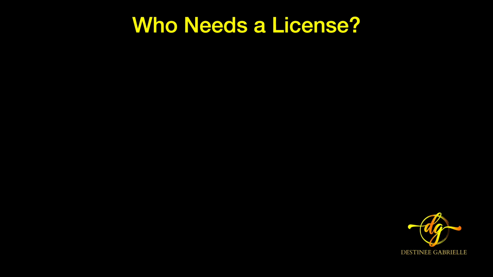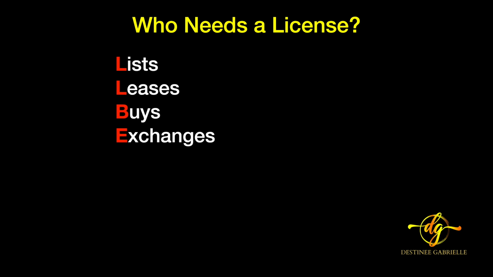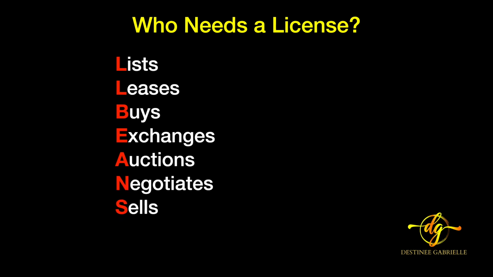Speaking of licensees, we need to talk about who needs a license. So this one is going to spell out LL Beans. So the first L being lists, the second L being leases, the B being for buys, the E for exchanges, the A for auctions, the N for negotiates, and the S for sales.